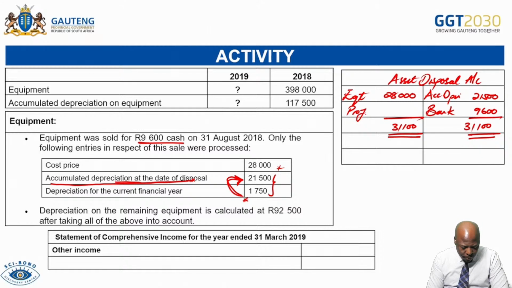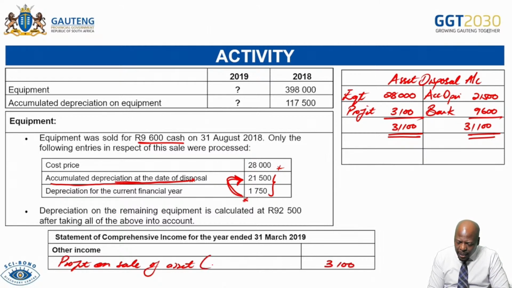This is profit on sale. Once the amount is on the debit, there is profit of 3,100. If it was on the credit, then that would have been loss on sale. So I can come here on my other income, then I'll say profit on sale of asset, and that is 3,100.